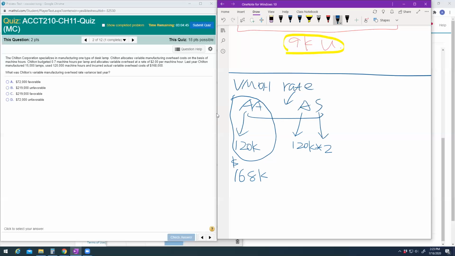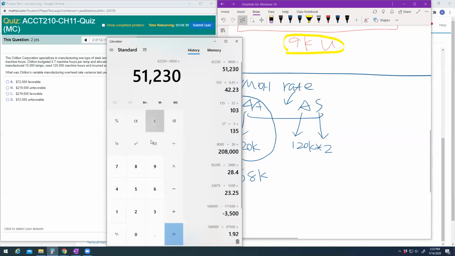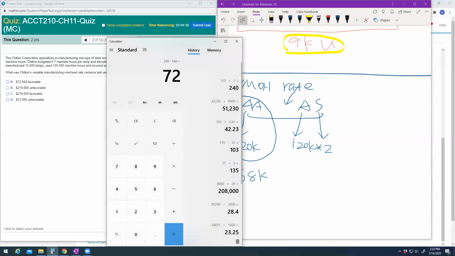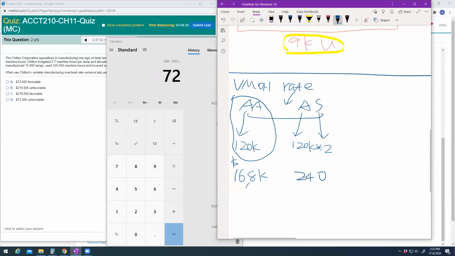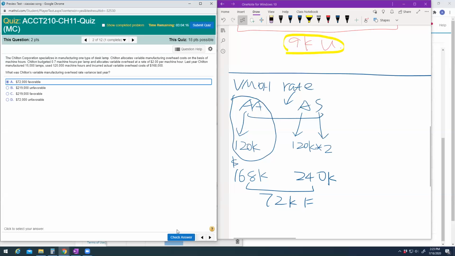So your actual total is 168, and then we can calculate against the standard. 120 times 2 gives me 240 minus 168. Your actual is lower than the budget, so you have a favorable. This gives you 72,000 favorable. Any question with this one?